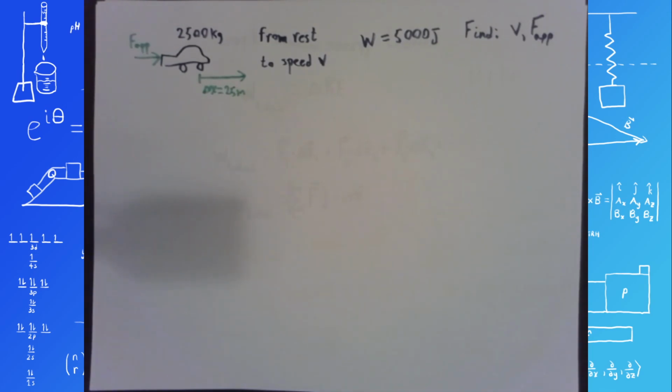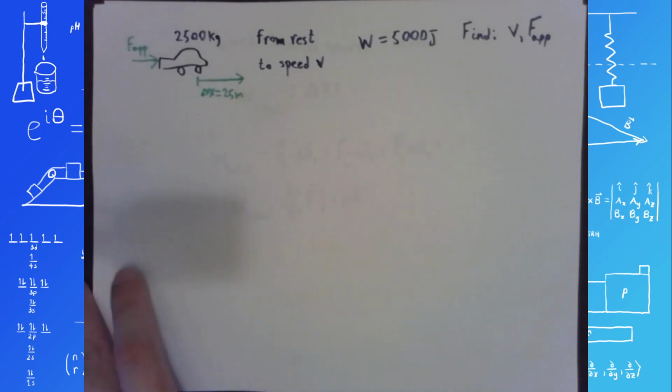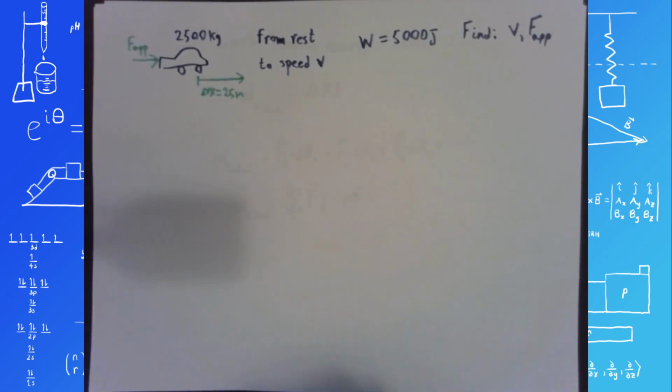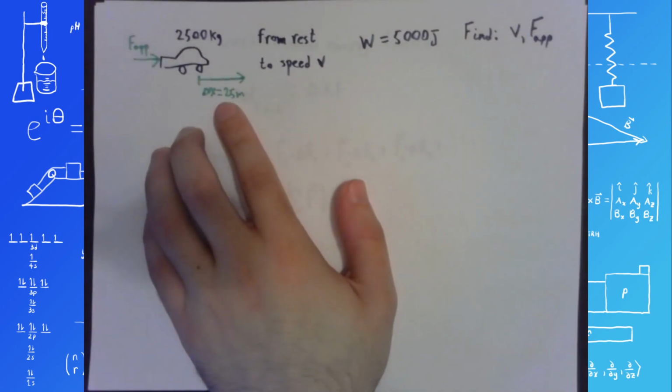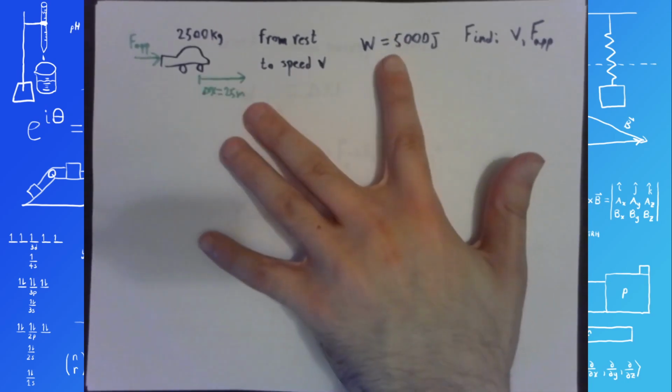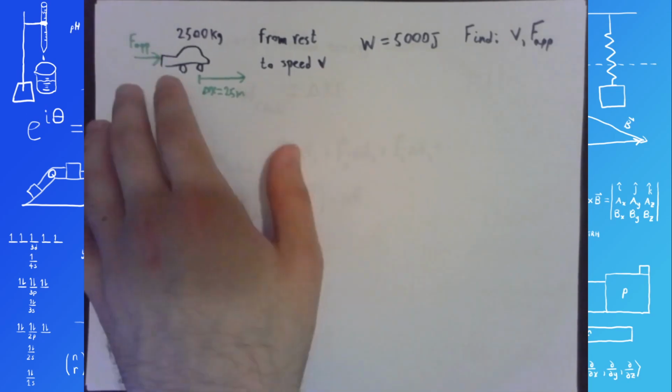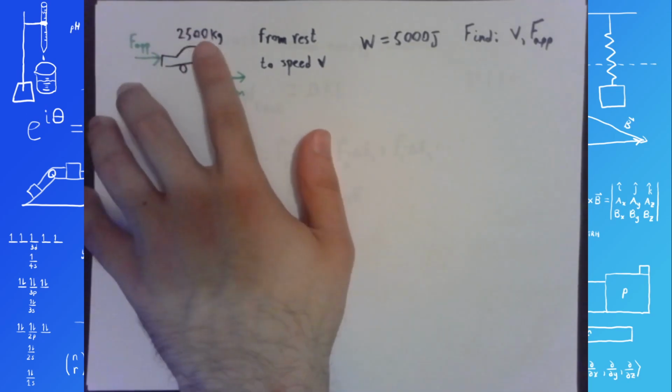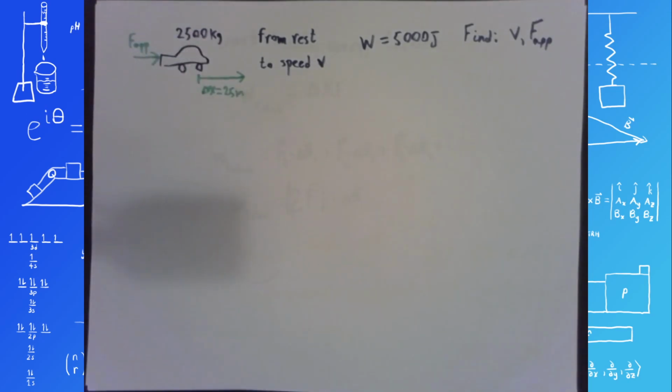All right, so the first part, finding v, is actually quite easy and doesn't require knowledge of the displacement at all. You do have a way around using the work-energy theorem, which is you could just use this displacement to calculate the force, and you could then use the force and the mass of the car to calculate the acceleration, and from there you could just use regular kinematics to find v.